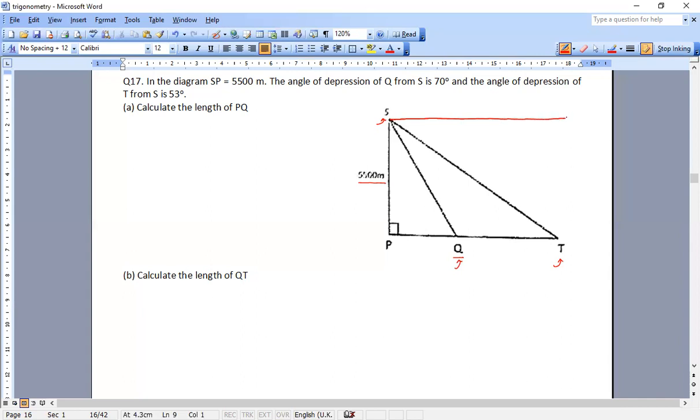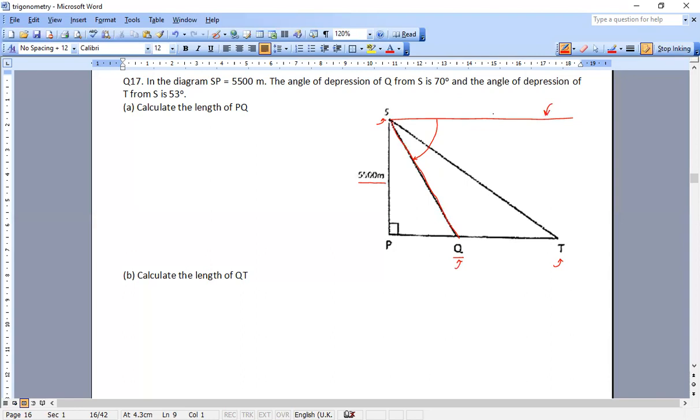This is the horizontal line that I have drawn from S. Now, the first thing they mention is the angle of depression of Q from S. For this, we'll start from this horizontal line and measure the angle from this horizontal line to a line which is going towards Q. This is the line going towards Q.